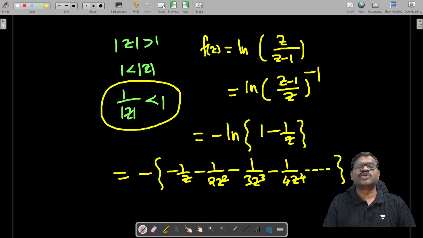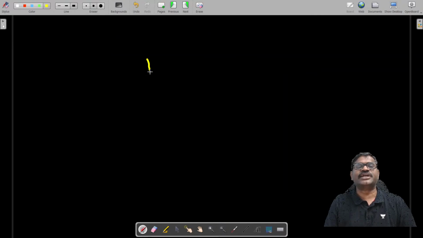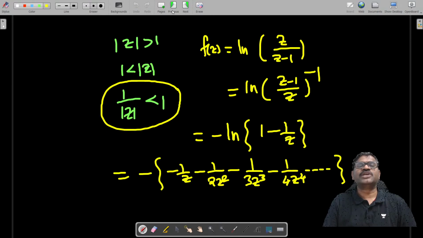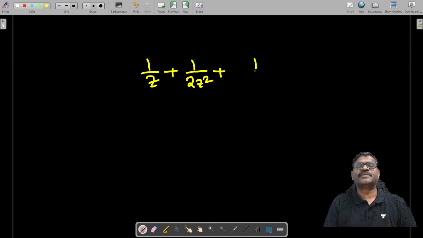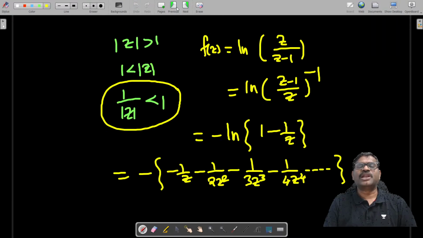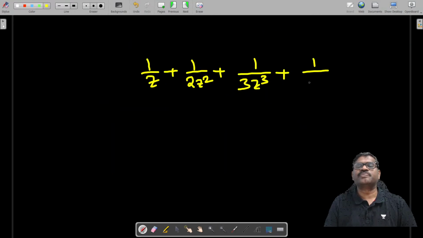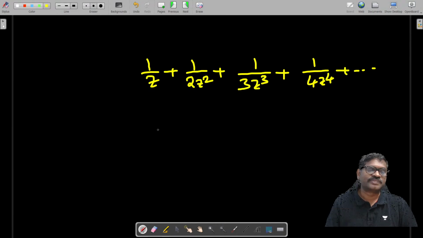Continuing, minus of minus is plus, so 1 by z plus 1 by 2z square plus 1 by 3z cube and so on.